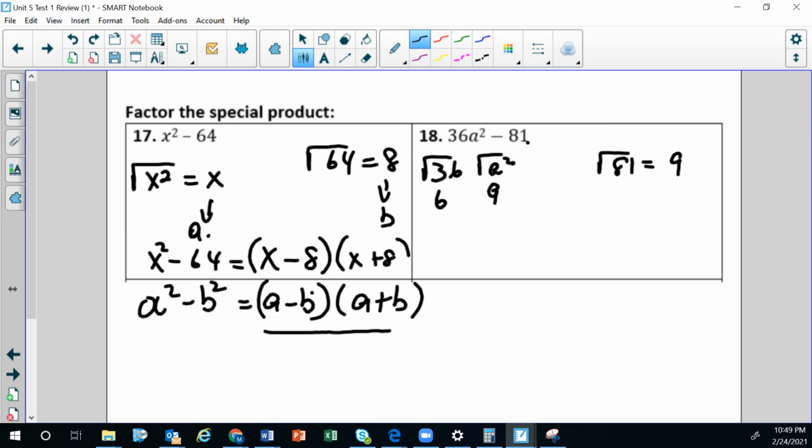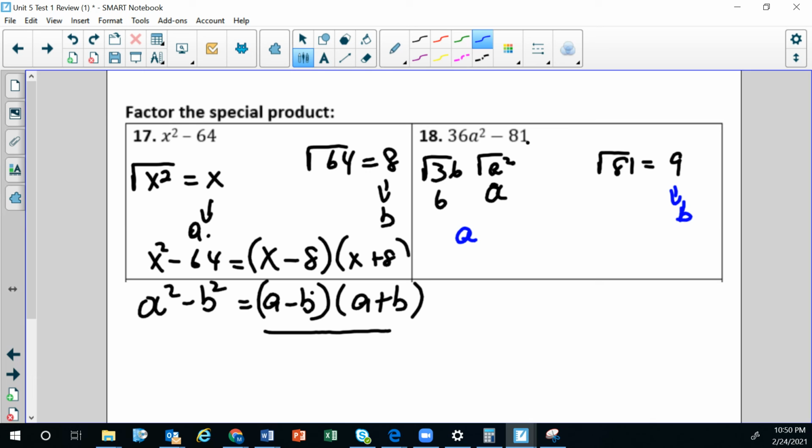So I know this is 6a, and the 9 is my b, and the 6a is just my a.